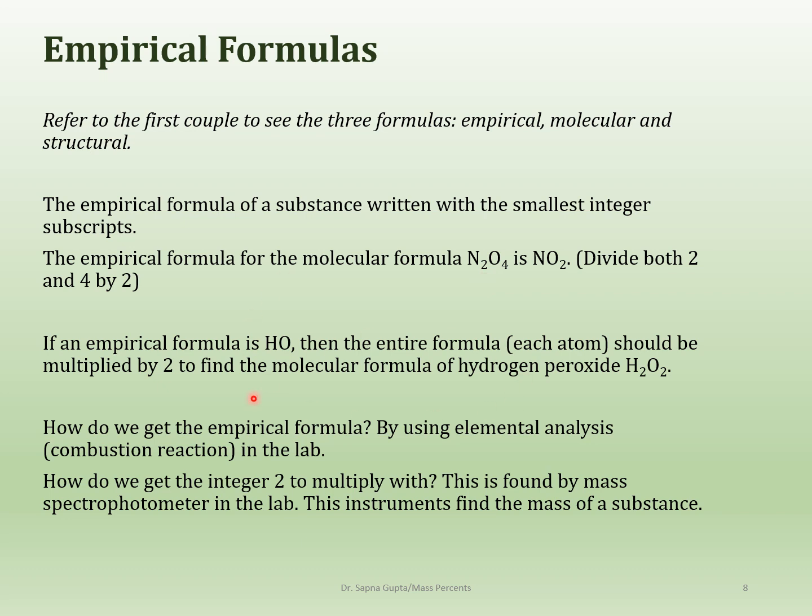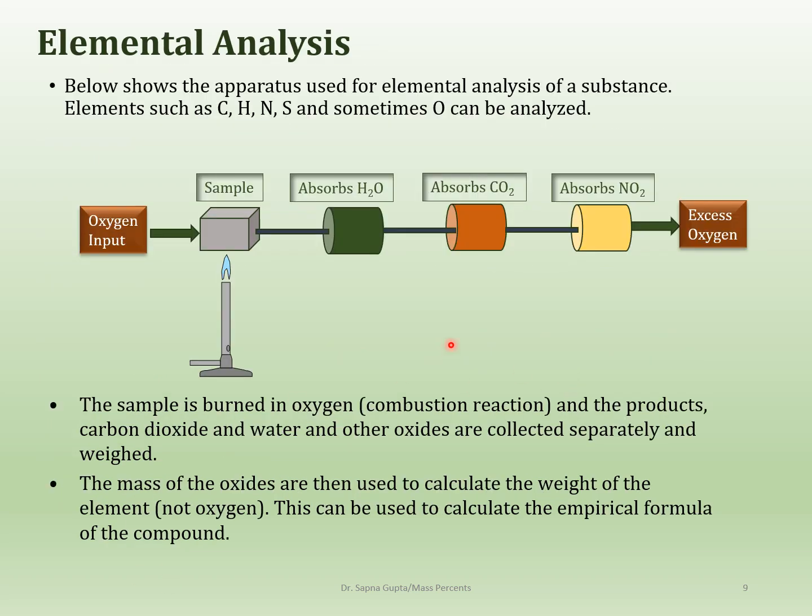So I'm going to explain that to you as we go on also, okay? If that's confusing for you right now, don't worry about that. But that integer we find usually by an instrument called a mass spectrophotometer in the lab. So that actually finds the mass of any substance. The empirical formula itself is not determined by the mass spectrophotometer.